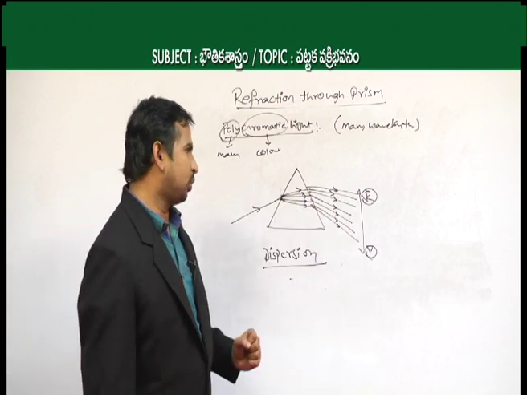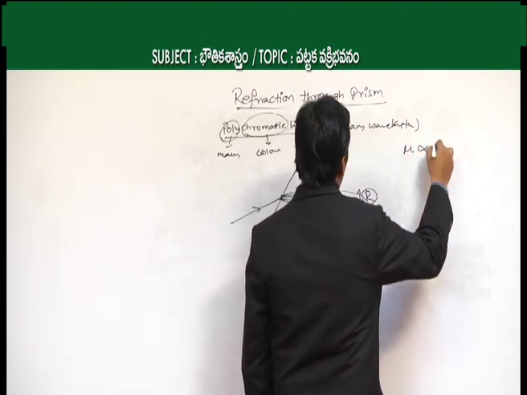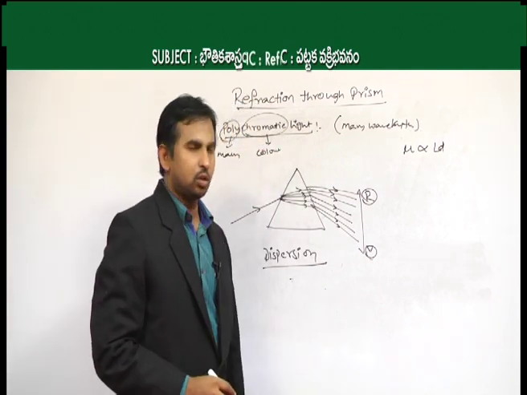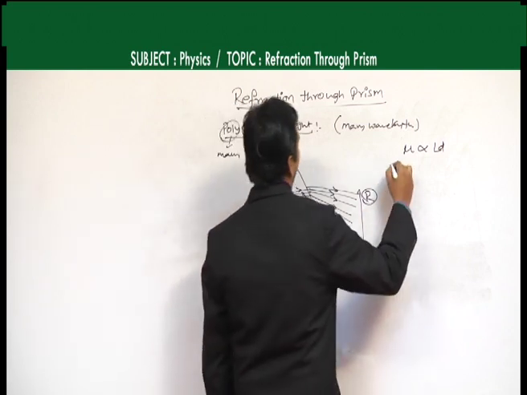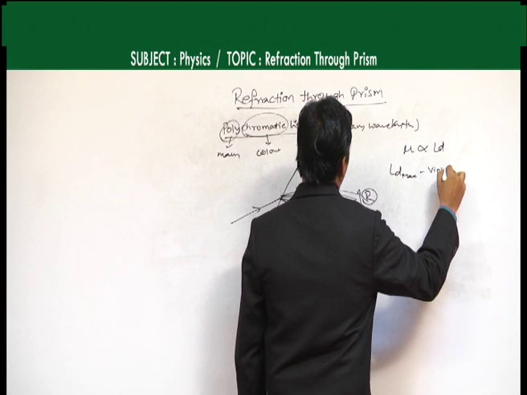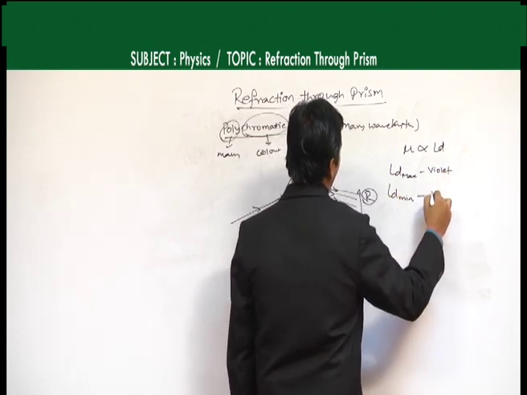For example, we know that as the refractive index is more, the angle of deviation is also maximum. So in our given case, the maximum deviation is for violet color, whereas the minimum deviation is for red color.